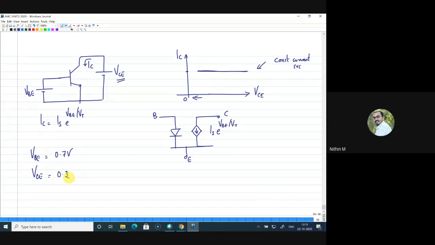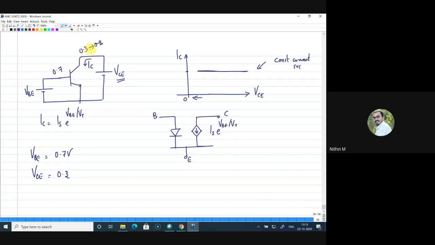Now your base is at 0.7 and collector is at 0.3. So you have a VCB voltage which is approximately 0.4. Now if this VC reduces from 0.3 to 0.2, or if you have a VB of 0.8 here, say, okay, I'll take this as 0.7 only.